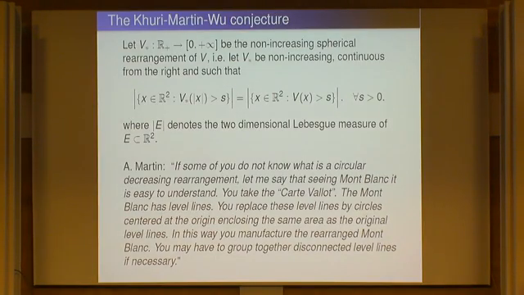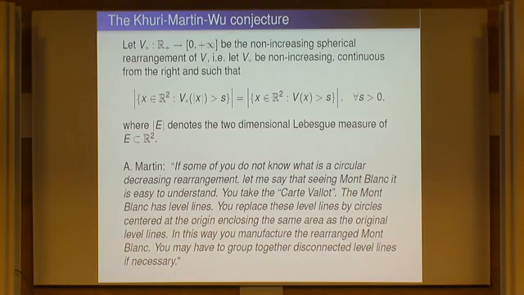So you take the map, look at the level sets on that map, and then you just make them circular. And you have a new mountain which is perfectly symmetric, and it has the top over the origin.